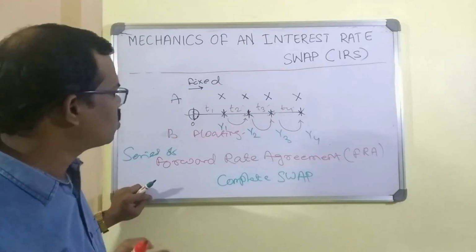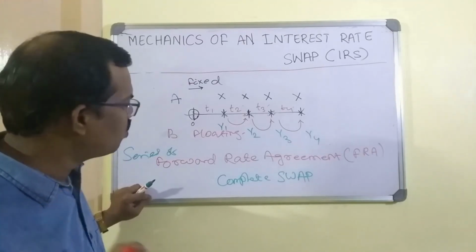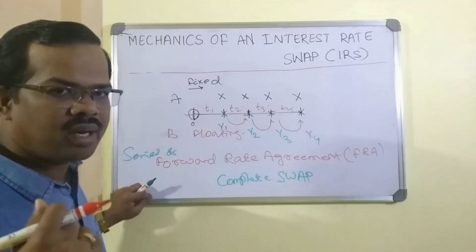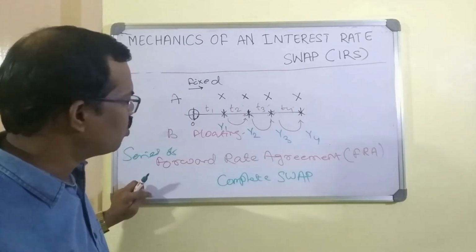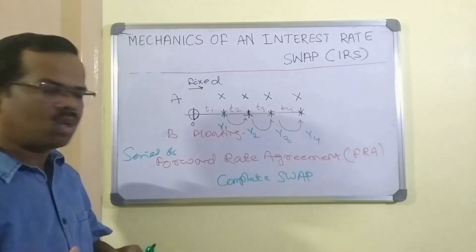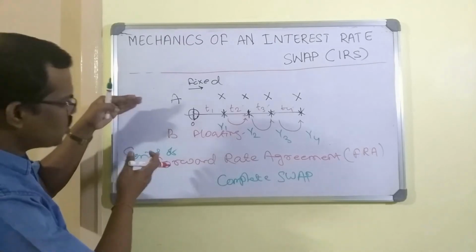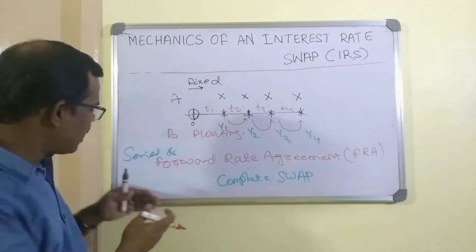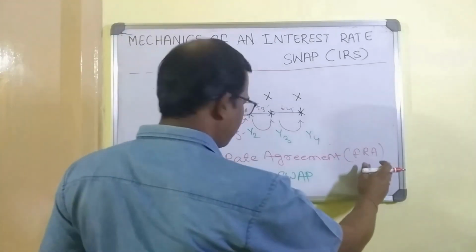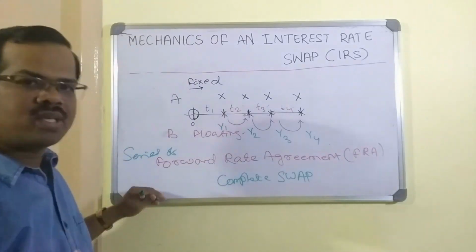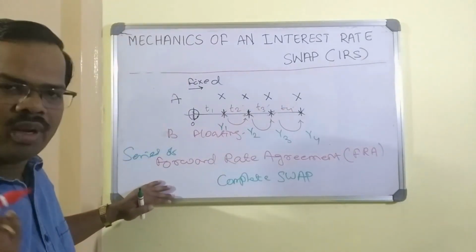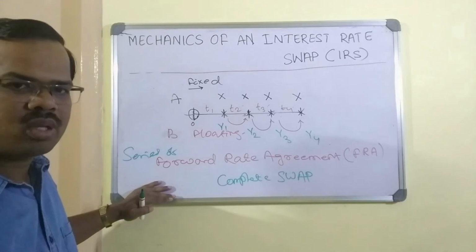Now that you have understood that a swap is a combination of two bonds, a fixed rate bond and a floating rate bond, we will go to the second methodology, that a swap can also be treated as a series of forward rate agreements. What is a forward rate agreement and what is the valuation methodology for the forward rate agreement?